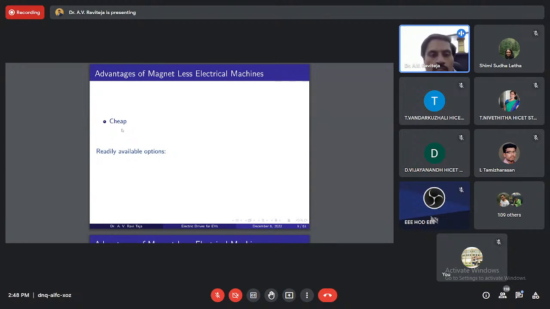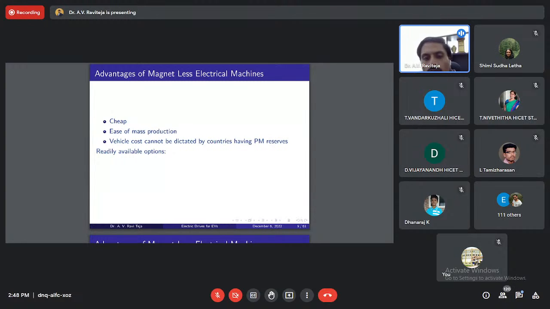What is the advantage? First thing is cheap, because ultimately any commercialization comes with the cost advantage, and these machines have cost advantage. Rest everything we can manage, but cost is the primary factor always when we try to commercialize something. And ease of mass production is possible. Also, vehicle cost cannot be dictated by us, because in India we do not have permanent magnet reserves, so we have to import the permanent magnet.